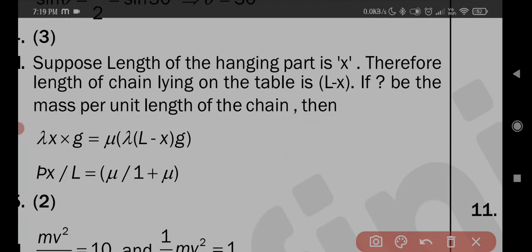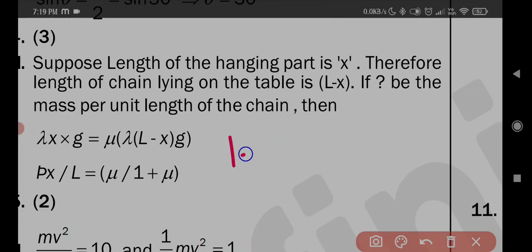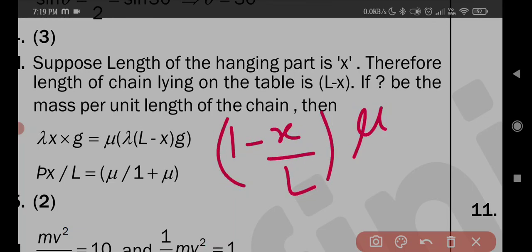So x by L equals 1 minus x by L into mu.